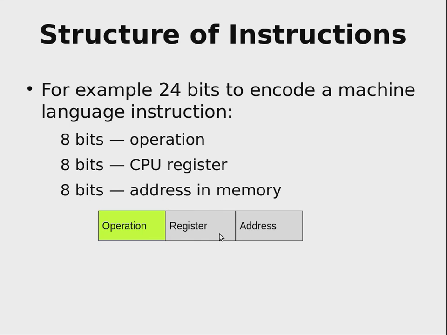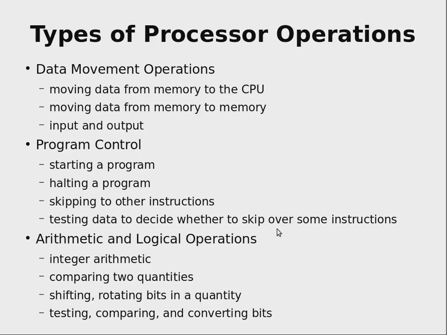Then another byte or 8-bit number is which register in the CPU you are using, and a register is just short-term memory where you can read and write numbers. And the third byte is, for example, an address, which may be another register or a value from memory you can read and write.